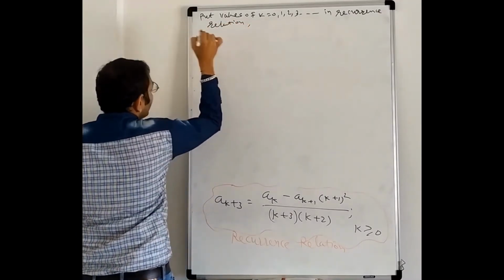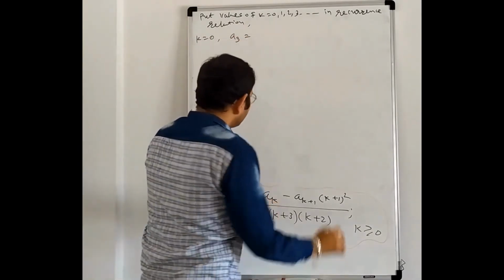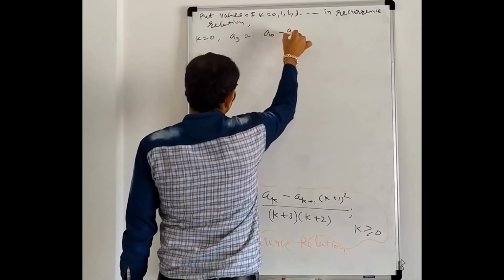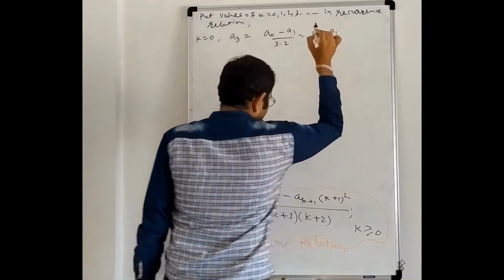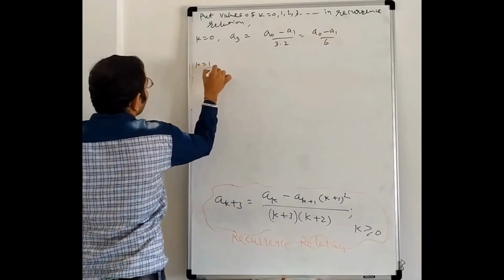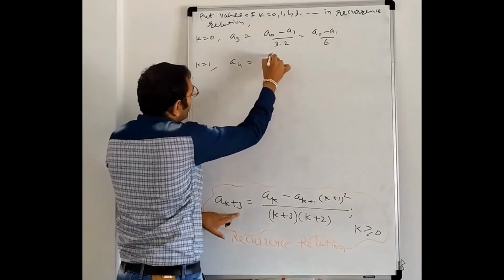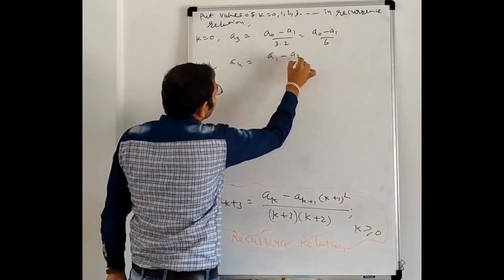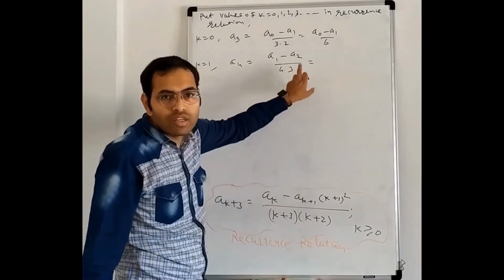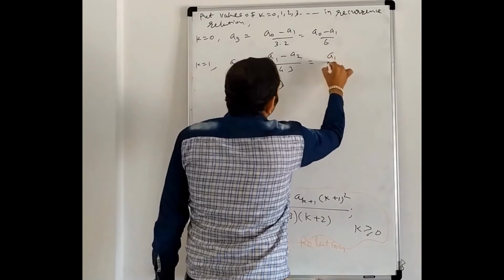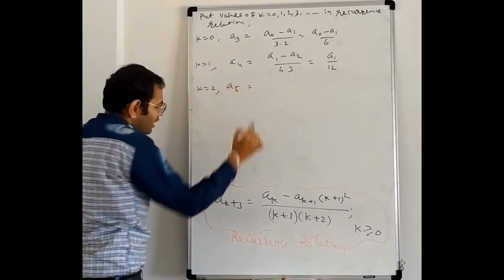First, put the value of k equal to 0. Then we get a3 equal to a0 minus a1 divided by 3 into 2, which is a0 minus a1 divided by 6. Then put k equal to 1, that is a4. Then a1 minus a2 divided by 4 into 3, but the value of a2 is 0. Then we get a1 divided by 12. Then similarly k equal to 2, then we get a5.